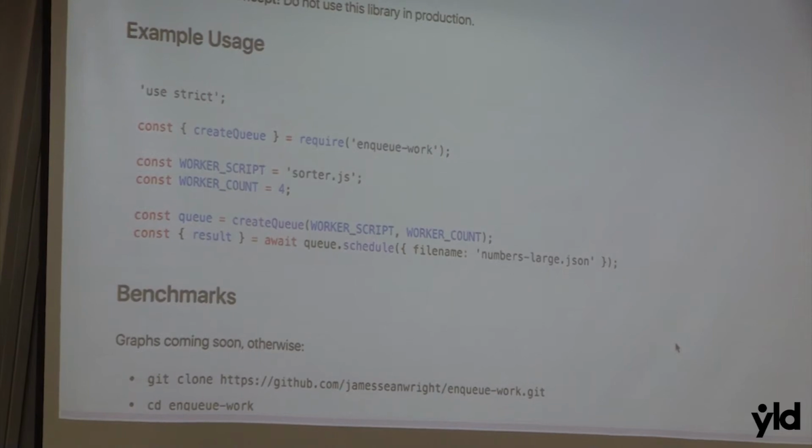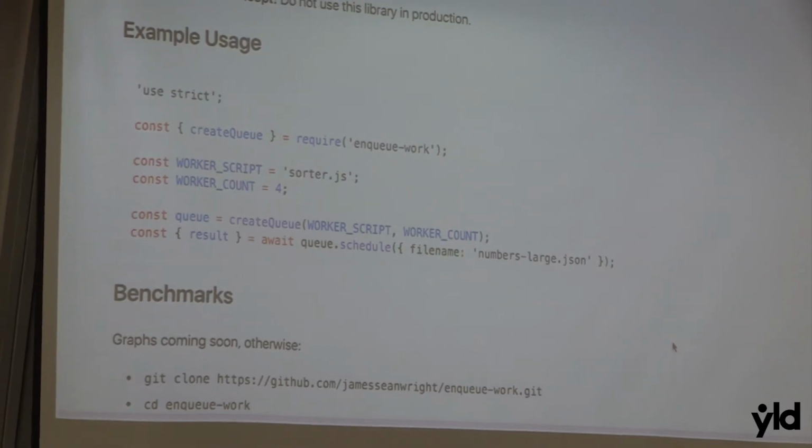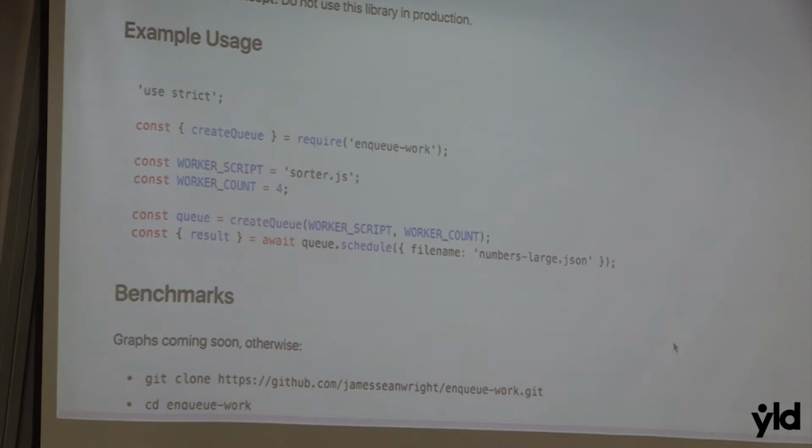And this library is based upon promises. So you invoke queue.schedule, and you pass it whatever payload your child process expects to receive. This sorter script I'll talk you through momentarily, but it accepts a payload in that format, so a file name property with a string of a JSON file to load.